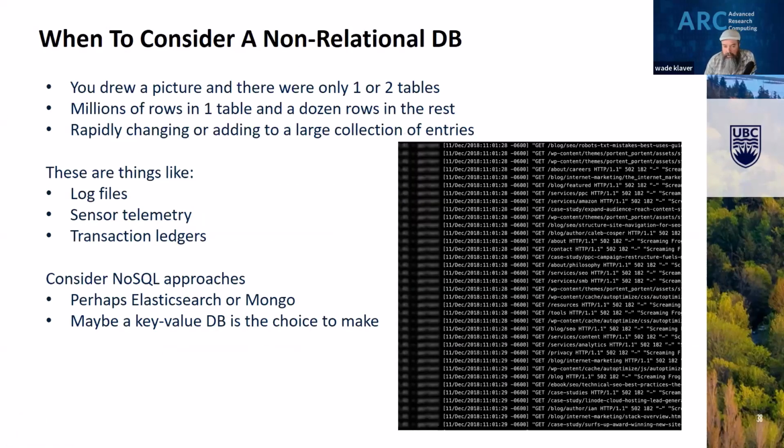And there's also the data itself you need to consider. I mentioned in my first slide, I had those nice entity relationship diagrams, that kind of thing. Well, maybe your data didn't fit that well into that kind of model. I said here, if you drew a picture and there were only 2 tables, well, maybe you don't need a relational database to manage something like that. Or you have one table with all your data and a smattering of other tables.